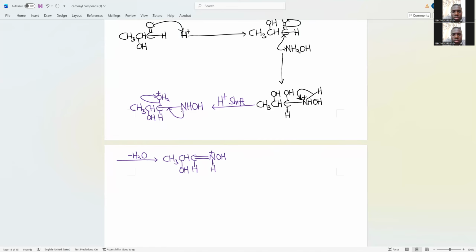Like that. So nitrogen is electron deficient. You see, it has a plus. Moreover, it has excess bonds. Therefore, reduce those bonds by donating electrons to nitrogen. So a proton is lost, a hydrogen ion, resulting in formation of CH3, CH, OH, CH.